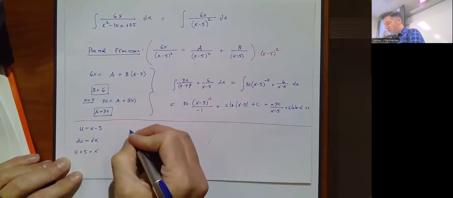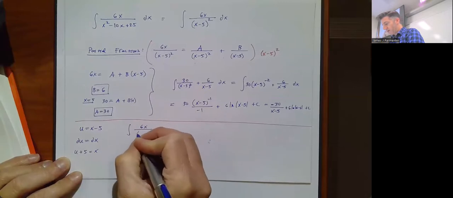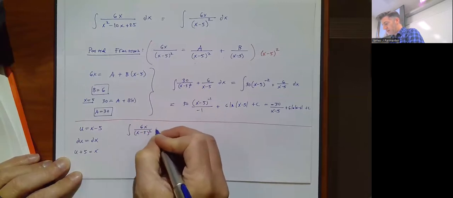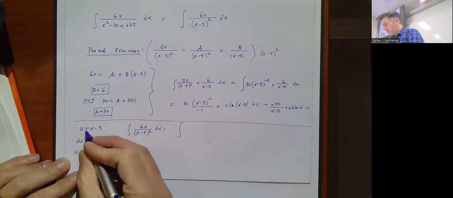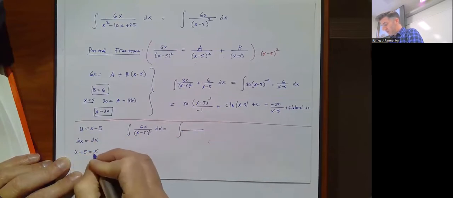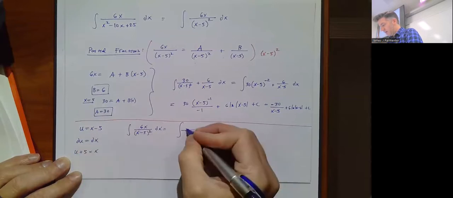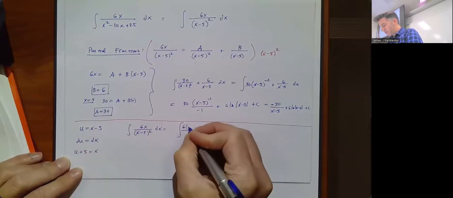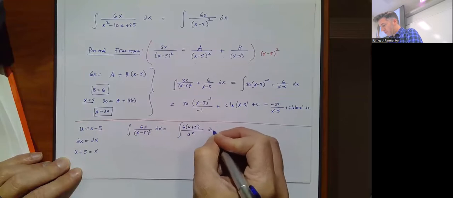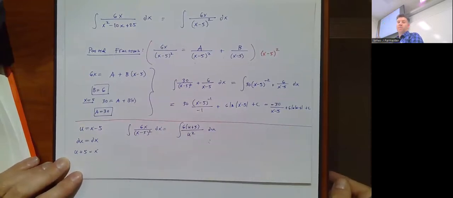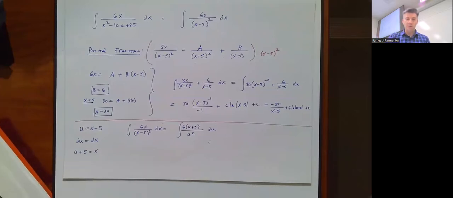So that my integral of 6x over x minus 5 squared dx becomes the integral of, well, the bottom's going to be u squared. The numerator is going to be 6 times u plus 5 du. And most people would consider this to be an easier way to do it. That doesn't mean it's necessarily true. It just means that that's what most people think is true.